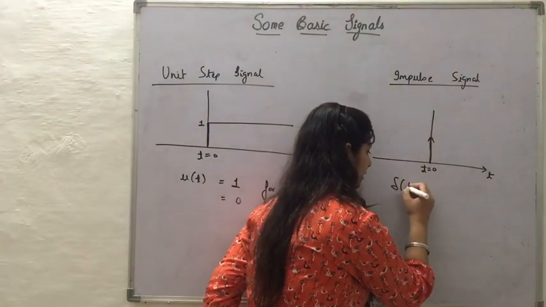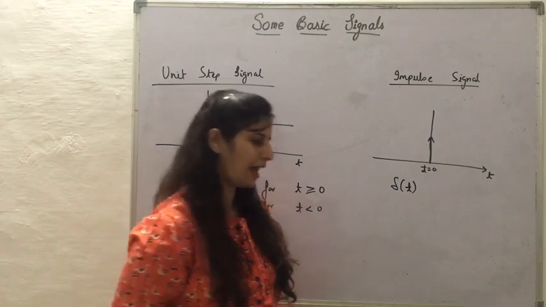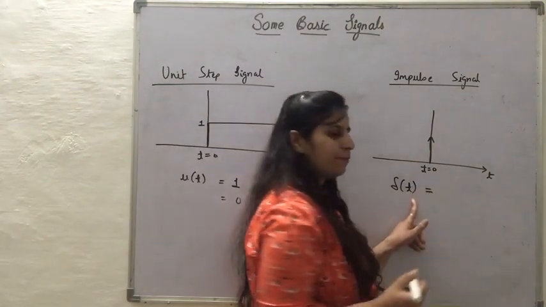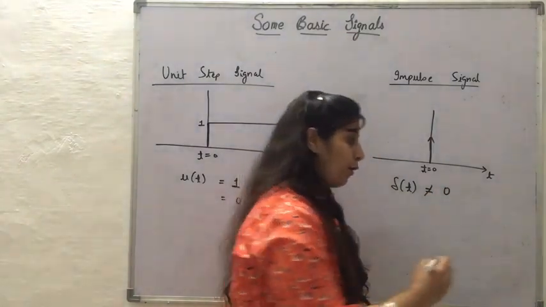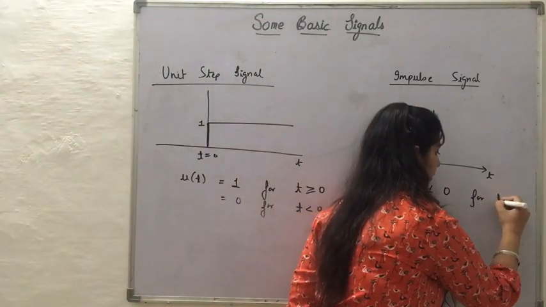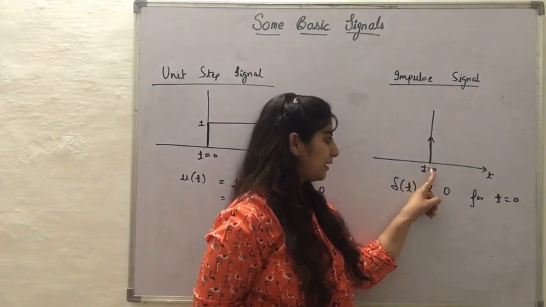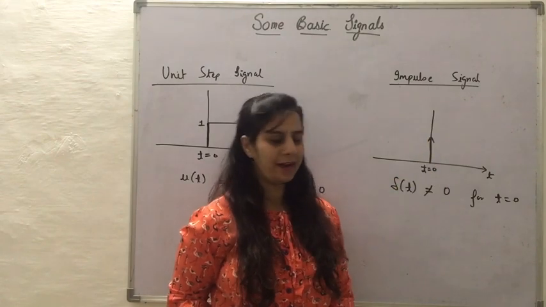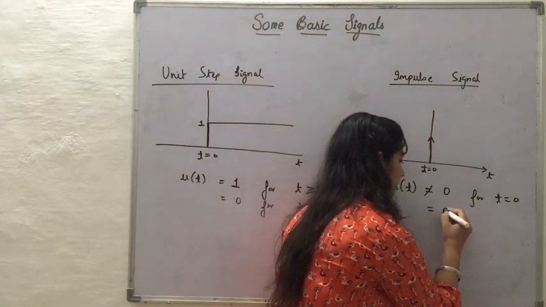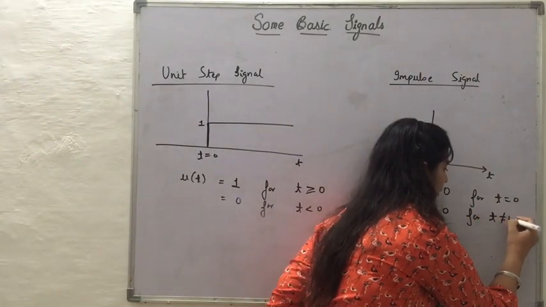So delta t is for the impulse signal, and the mathematical equation is given as: the value of this impulse signal is not equal to 0 for t equal to 0. That means the value of the signal at t equal to 0, where it is showing an impulse, is undefined, and the value of the signal is 0 for t not equal to 0.